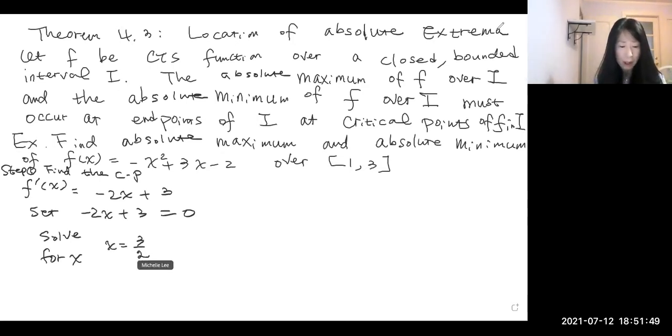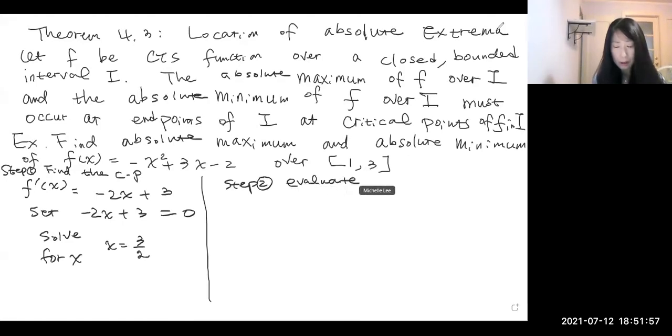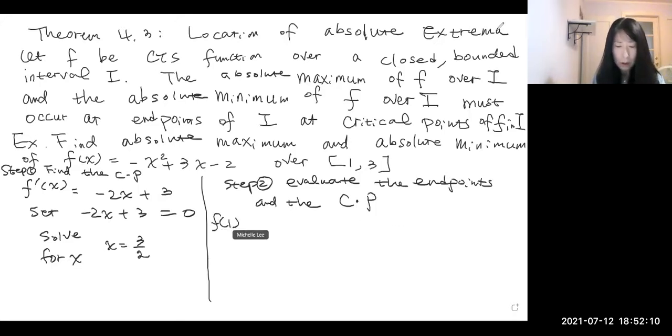All right, now this is step one. Step two, we evaluate the endpoints and the critical points, okay? So f of 1, we plug in. That is negative 1 squared plus 3 times 1 minus 2.